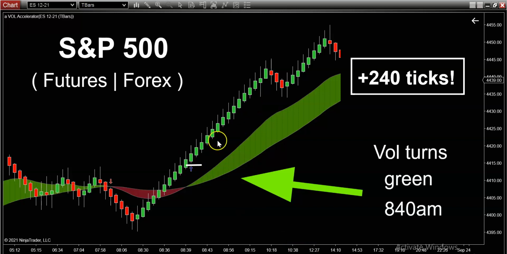And like I said, if you tried to short the market today, and I know a lot of you did, don't be ashamed to admit that you tried to short the market today. I know you did. You got your face ripped off in a very big way because you were counter trend trading. Like I said, shame on you if you tried to short the market today when the vol was so clearly and obviously green.